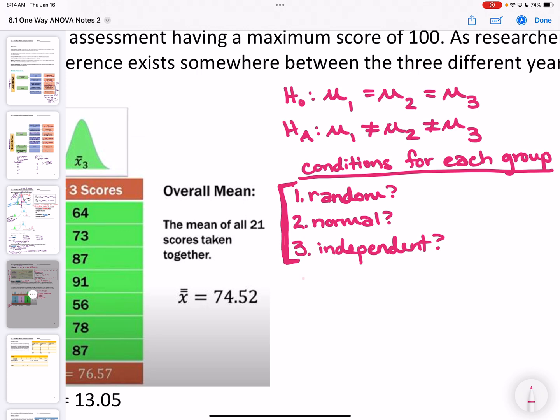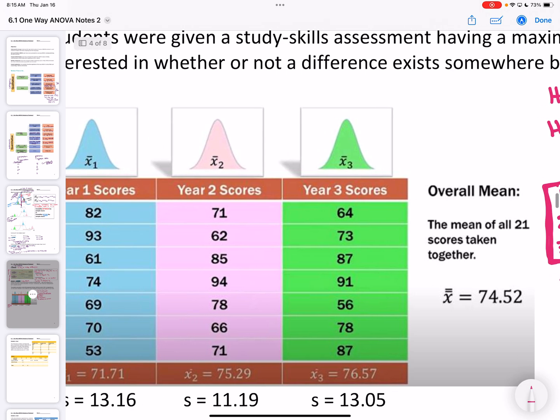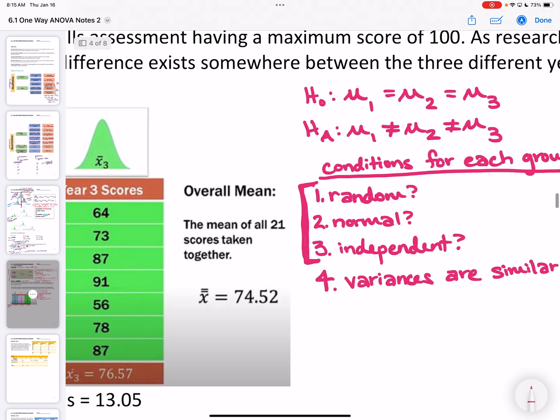You do have a fourth one, though, and the fourth one is that the variances are similar. So if you look, I will answer that one. I'm going to say yes, since the standard deviations are close.